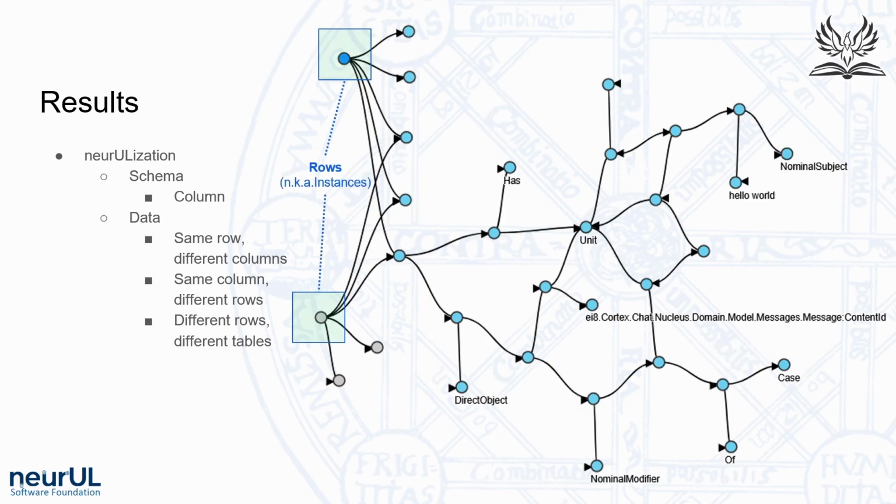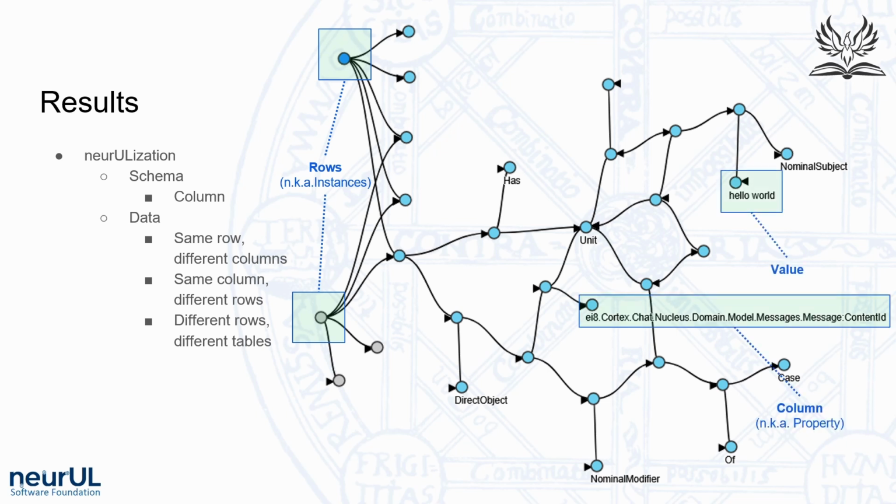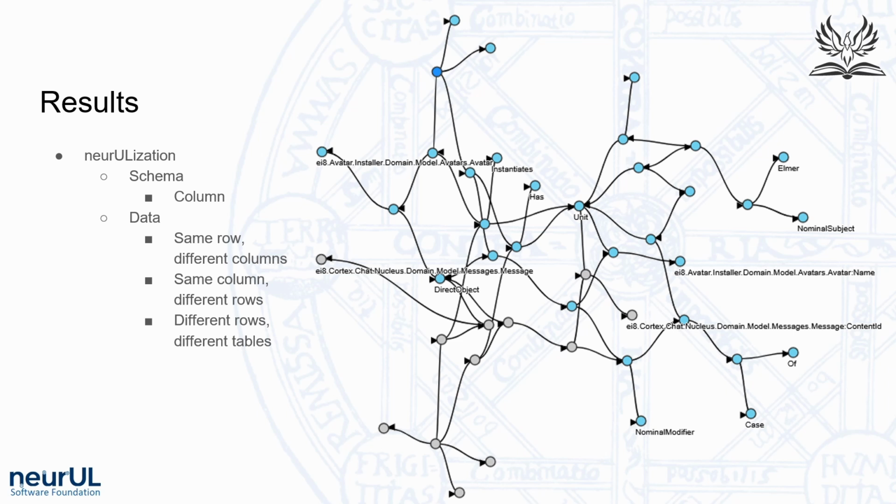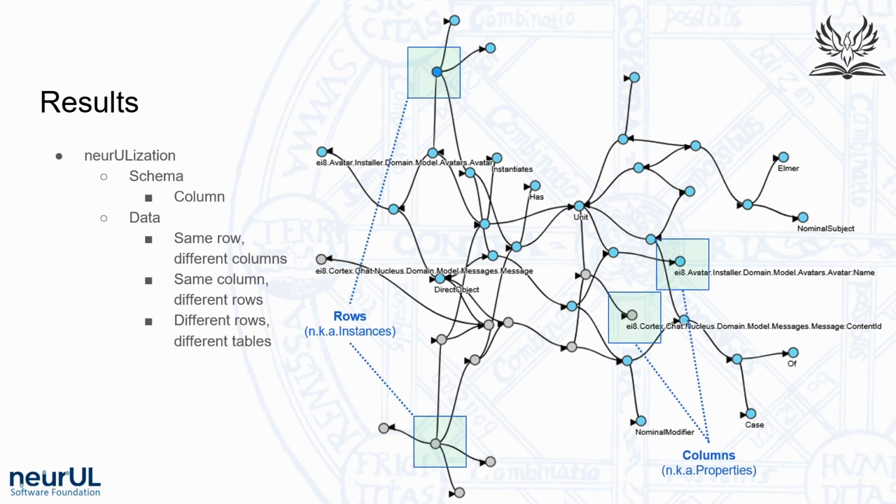Different rows with the same column refer to the same value. Lastly, different rows from different columns of different tables refer to the same value.